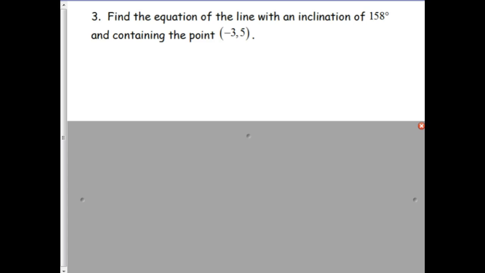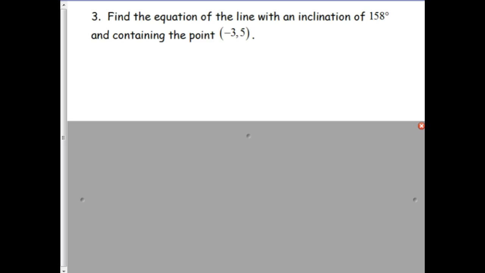Number 3. Find the equation of the line with the inclination of 158 degrees. 158 degrees is not on the unit circle, so we're going to have to use our calculator. And containing the point negative 3, 5.